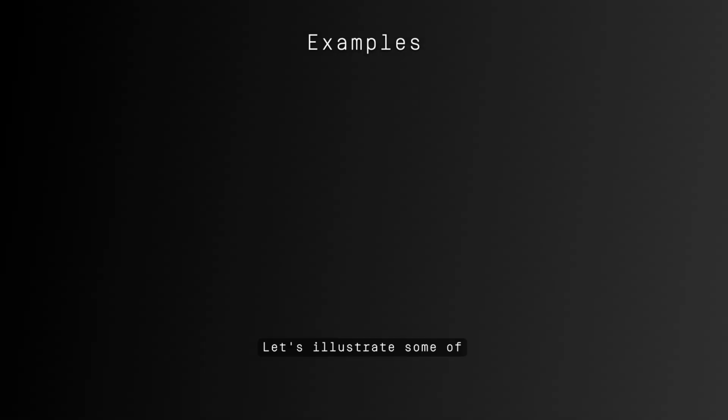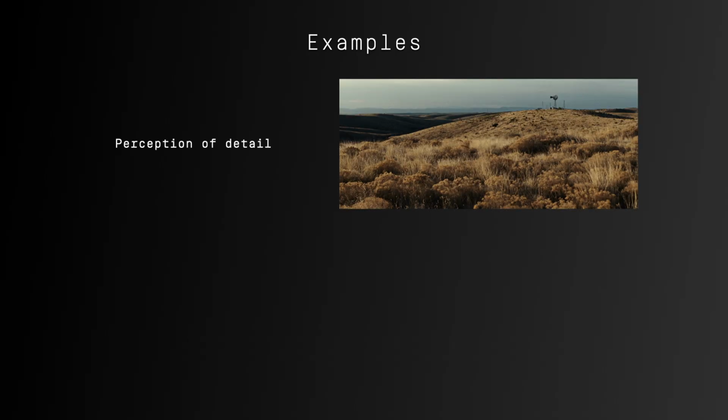Let's illustrate some of these differences. As an example, if I look at a landscape with a lot of details, grasses, bushes, various elements, I will not feel overwhelmed. My visual system will smoothly sort the information from all the incoming visual data so that I can focus on what is important to see. And it goes back to survival.